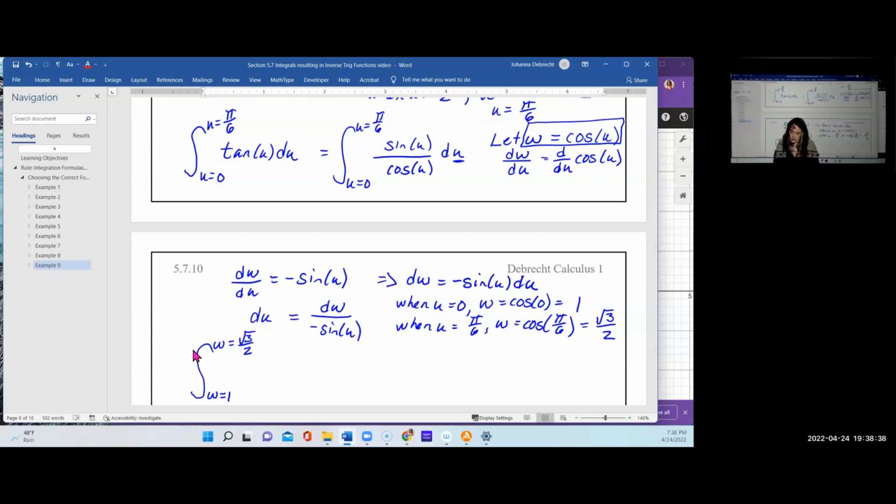Now I want to look at substituting the rest of it. I have sine of u over cosine of u, but cosine of u becomes omega. Then I want to replace the du that I have here with the expression for du, which is d omega over negative sine of u.